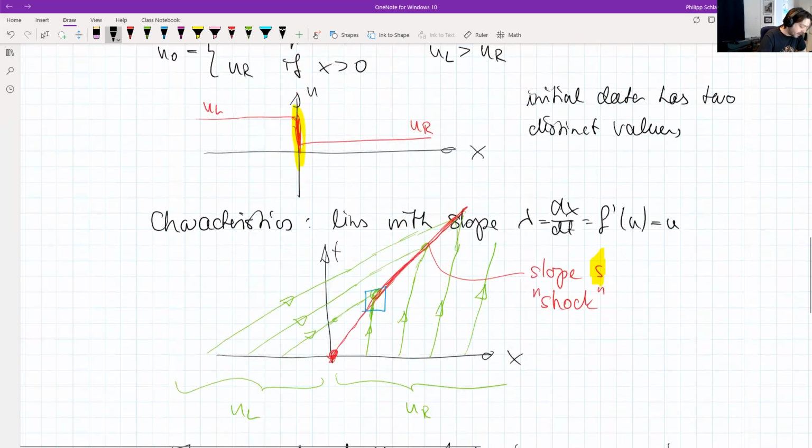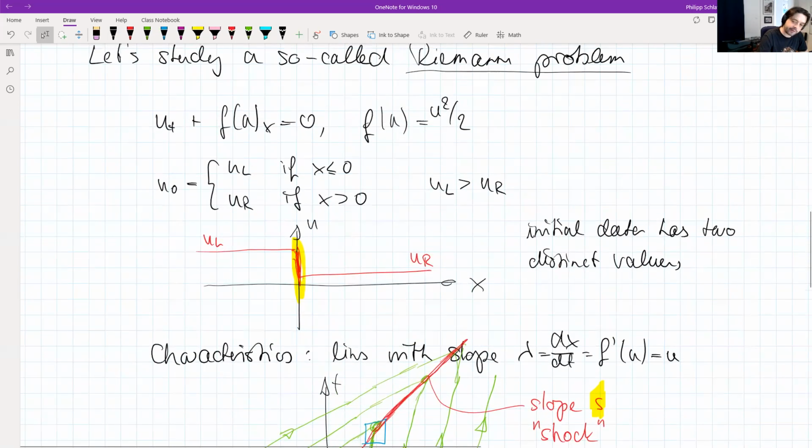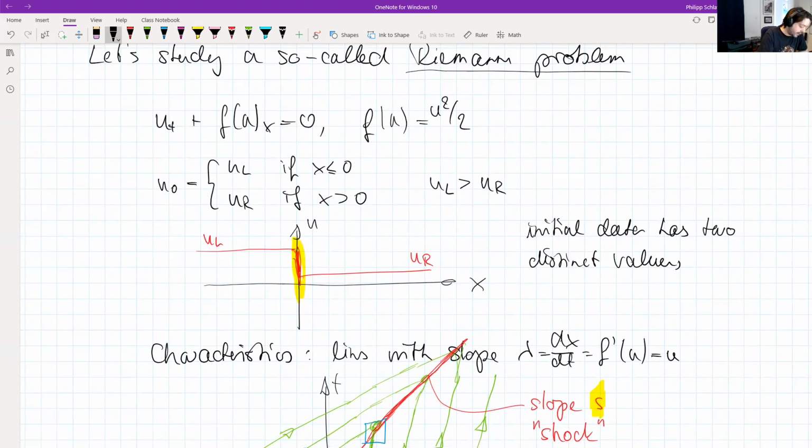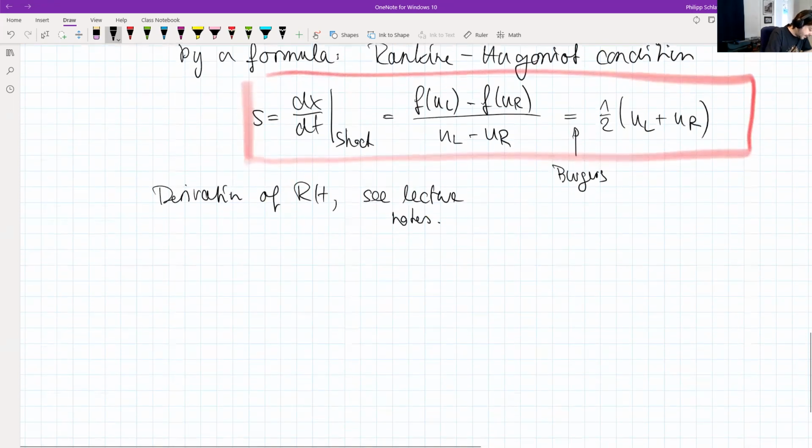Okay. But that means with just a few lines, we have come up with the exact solution of this Riemann problem here. So we know that if we have a discontinuity at 0 that looks like this, what happens in the future is that the whole thing is just moving to the right with the shock speed s. So that means the exact solution is now like this. I just do it first graphically.